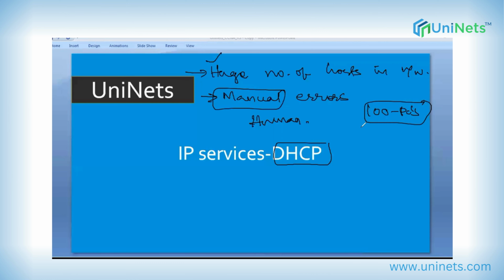We may forget it. In memory point of view, we are not that intelligent. Logically, we are very intelligent, but not in memory. So in order to avoid those errors, we need DHCP.